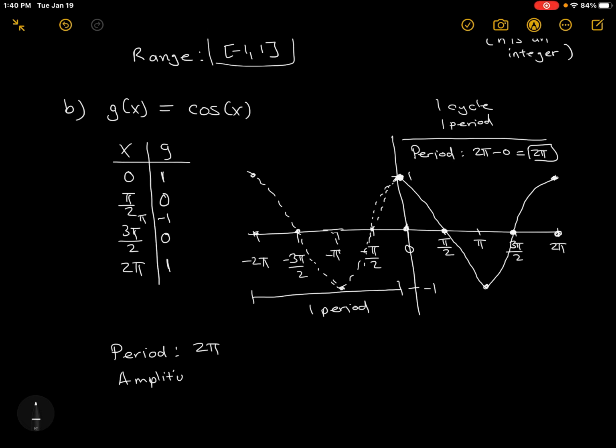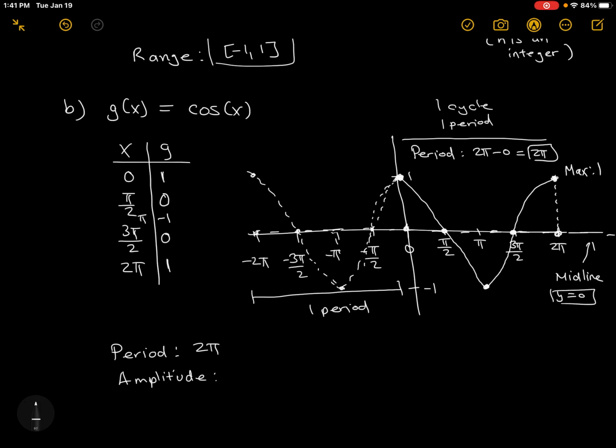Okay, there we go. Amplitude. The distance from the max, which is right here, the max value is going to be 1, and the midline, okay? So the midline, again, is the horizontal line that cuts this graph in half. So the midline is still going to be y is equal to 0.